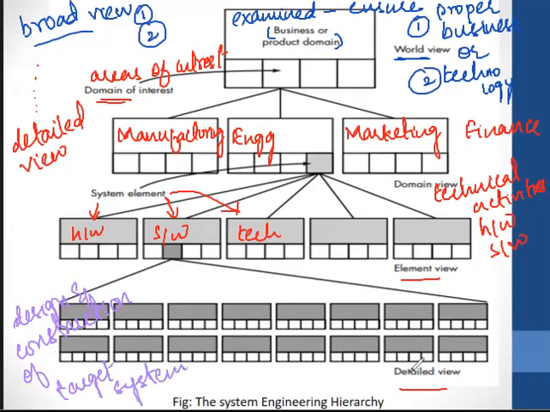That will be your detailed view. Well, you're starting from a broader view, and you're going to identify the different areas of interest and the different techniques and tools that are going to help the domain to complete the task, and then a more detailed representation of the analysis, design, construction, integration of each and every element within the software.